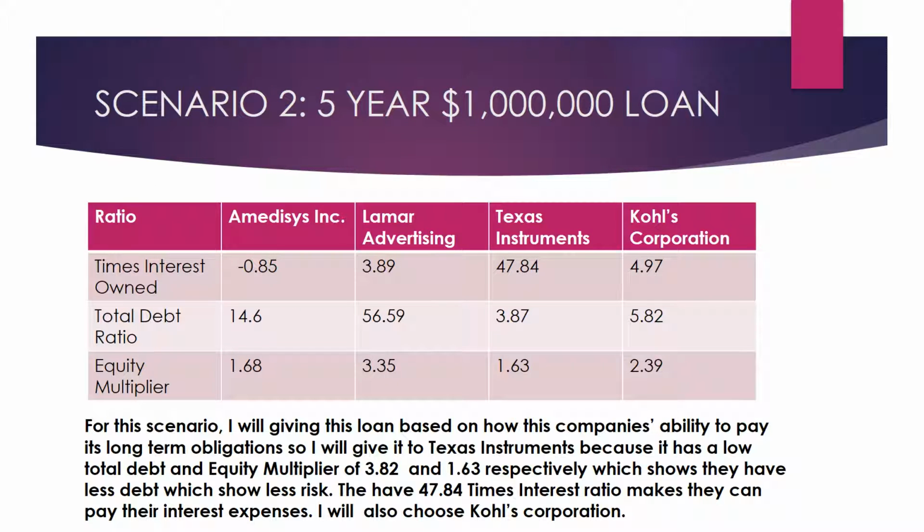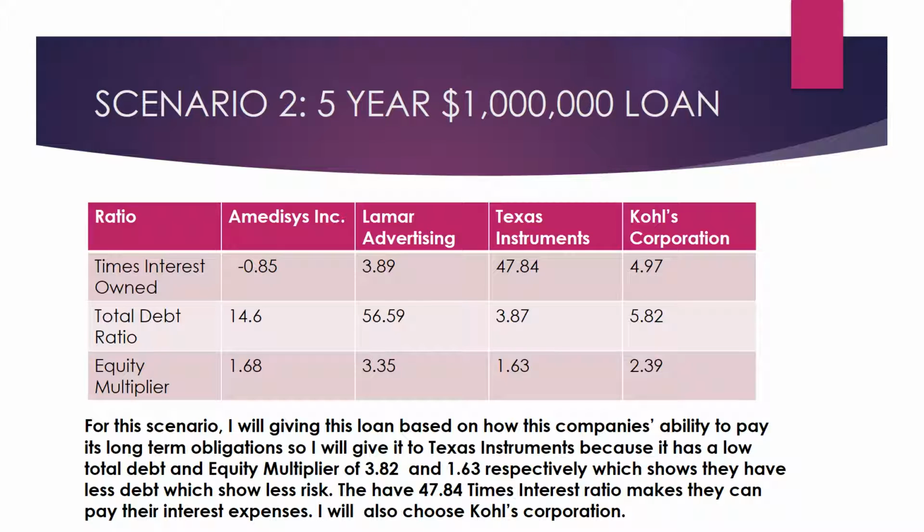For the second scenario, the 5-year $500,000 loan, I measured the times interest earned for all 4 companies, the total debt ratio, and the equity multiplier. Based on the figures that I came out with, Amadis's has a negative 0.85, Lamar had 3.89, Texas Instrument had 47.84, Kohl's had 4.97.